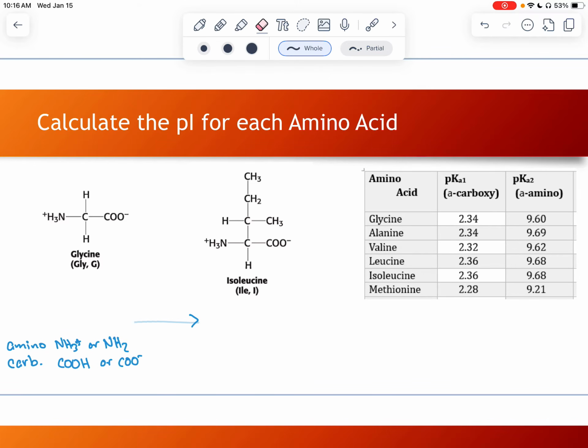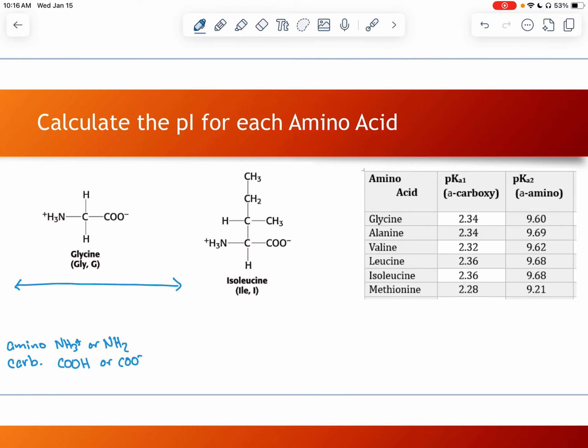So if I think about those, let me redraw this a little higher. I know that my switchover points are going to be those pKa's. So I've got glycine, so I know pK1 is 2.34. And I know pK2 is 9.6. pK1, the lower one, will always be the carboxylic acid side.